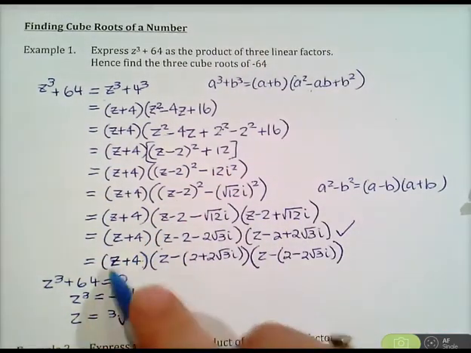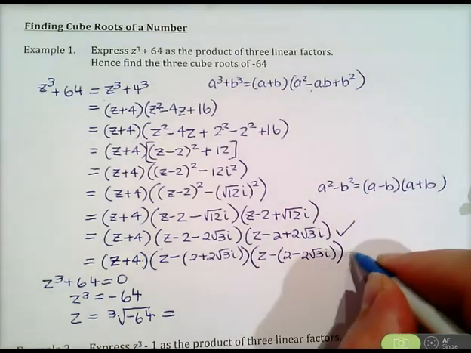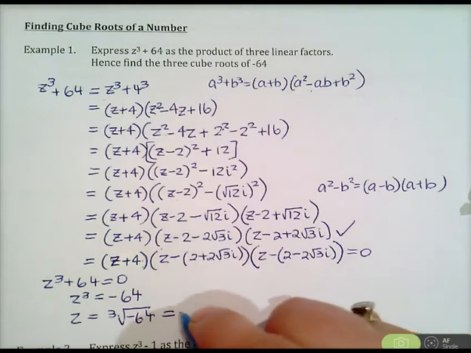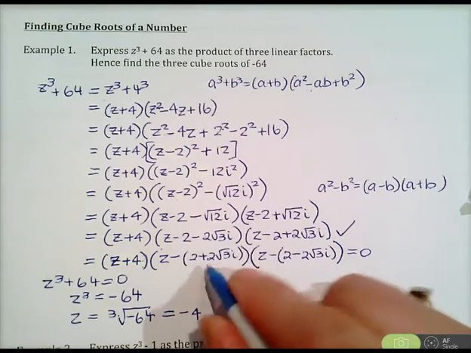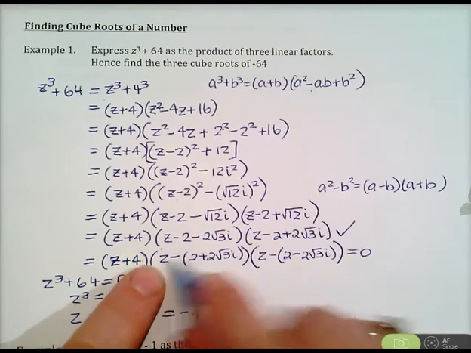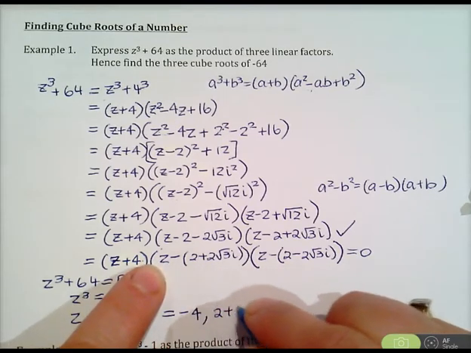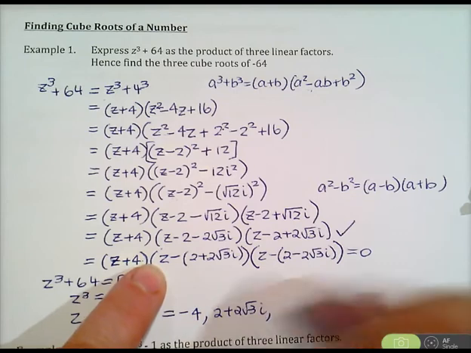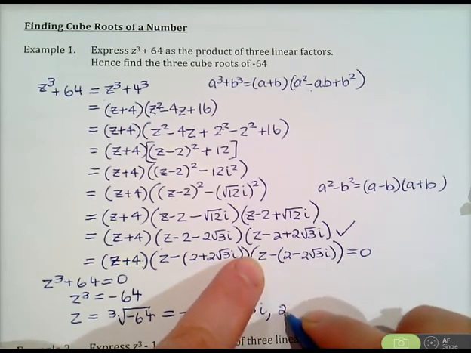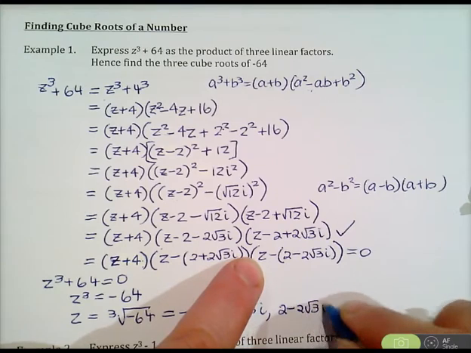So now if we put that all equal to 0 up here, we would get that z is negative 4, and z minus that, to make that 0, I'd have to have the identical thing as that, 2 plus 2 root 3i, and z minus this, my other root is 2 minus 2 root 3i.